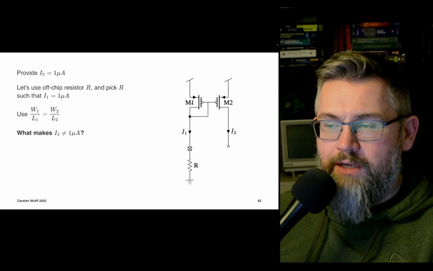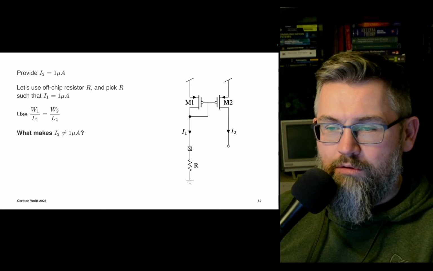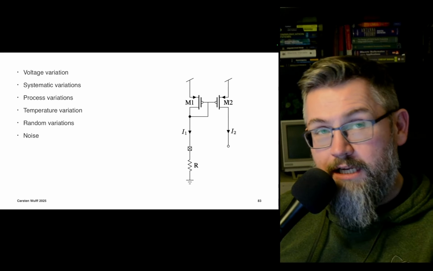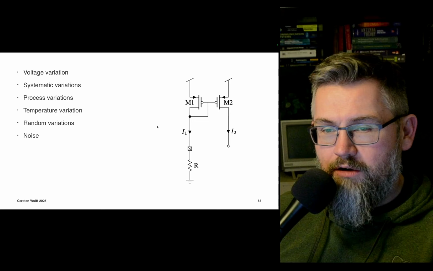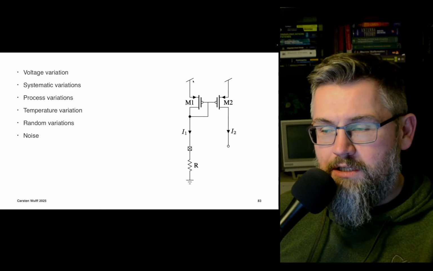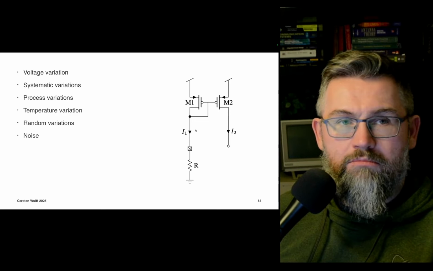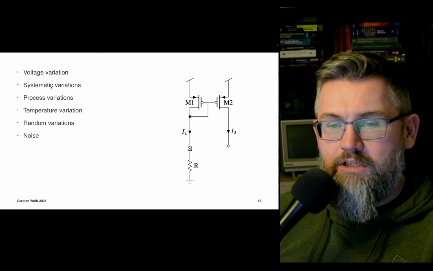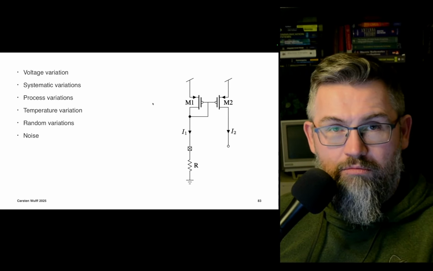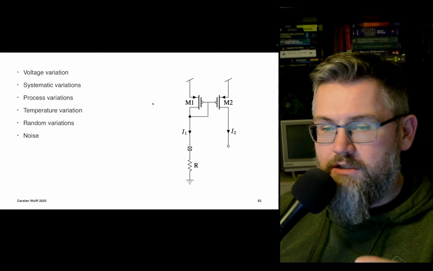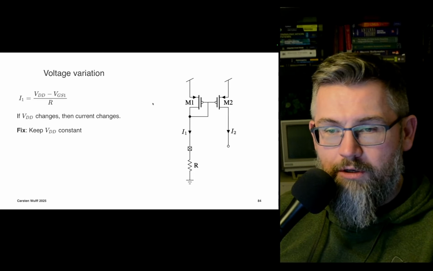First of all, we have to make these two transistors equal, because what can change the current I2 here? If we change the VDD, it's going to change because of the gate-source voltage. It's going to change because of systematic variation, the layout effects. Process variation, temperature variation, random variation, and noise. We're going to go through them.